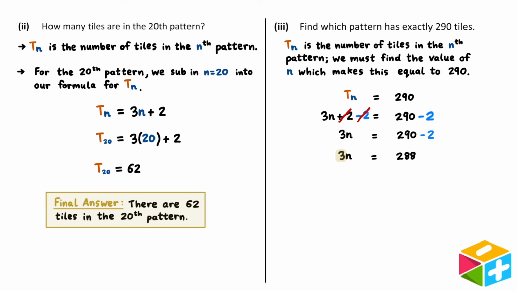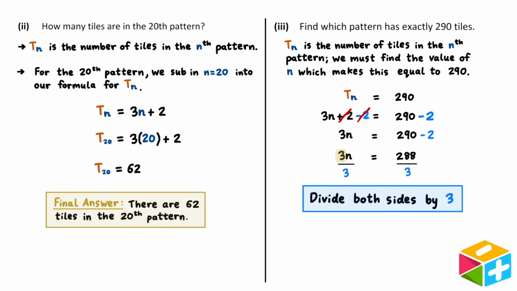Now, I'll need to remove the 3 in front of the n. This 3 is representing multiplication. The inverse of multiplication is division, so to remove multiplication by 3, I should divide both sides of the equation by 3.